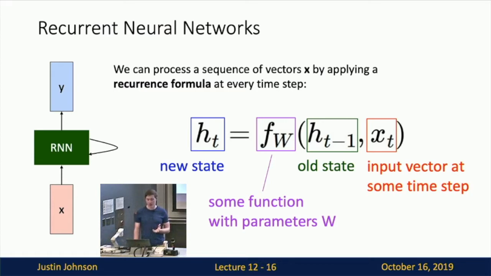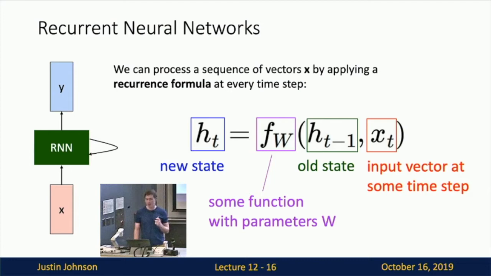what this might look like is that in order to define the architecture of a recurrent neural network, we need to write down some kind of recurrence formula or recurrence relation, f_W. Here we have this intuition that the network is working on a sequence of hidden states, where h_t is the hidden state at time t, which is just going to be some vector, just like the hidden state activations of the fully connected networks that we've worked with in the past.